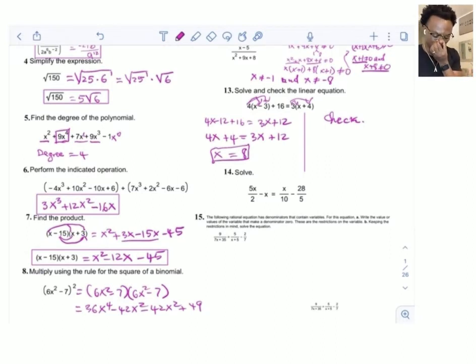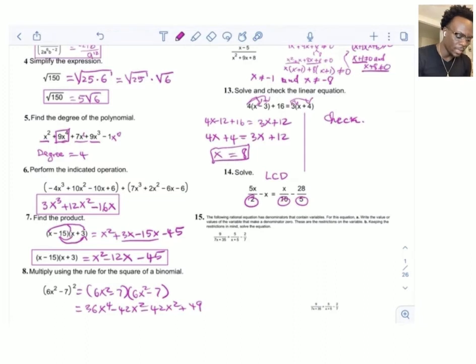Number 14. In number 14, we need to find the LCD and multiply both sides by the LCD. What's the LCD? LCD is the least common denominator. The least common denominator is that one number for which all the denominators are a factor.